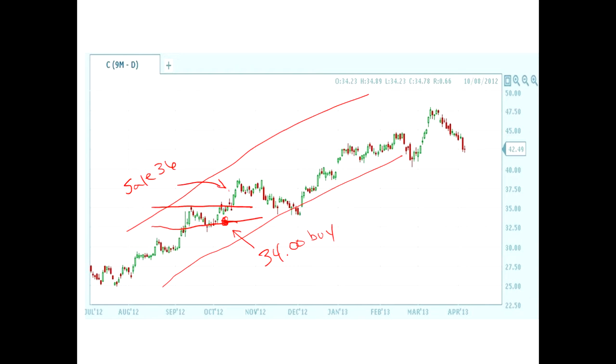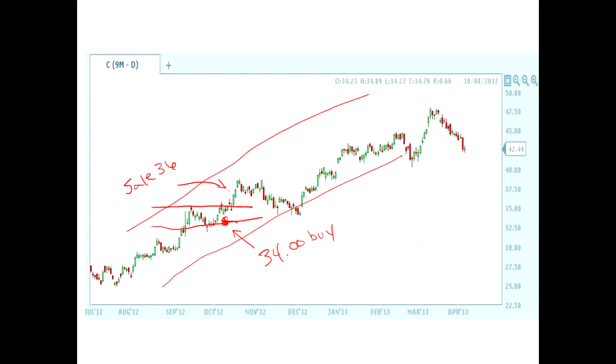So we bought it at 34. When you put in a stop loss, you have to make sure that you consider how much am I willing to lose? How much am I willing to risk? So let's just put it in at 33.70.